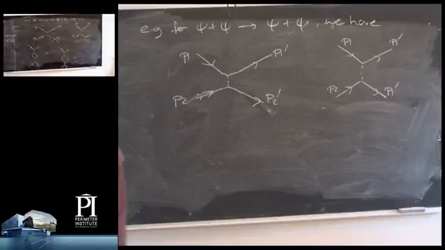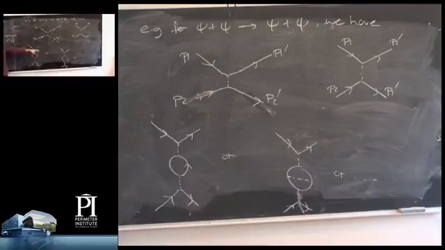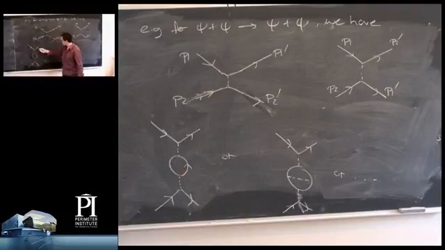As you start to let your imagination run wild, you see that there's actually an infinite number of increasingly complicated diagrams that we can draw that have these 4 lines connected in some way. Of course, if I label these with momenta, I could also have 2 diagrams for each where the momenta flip.